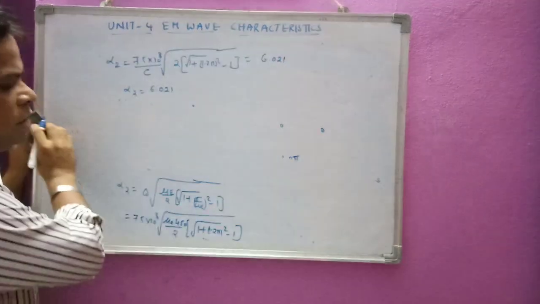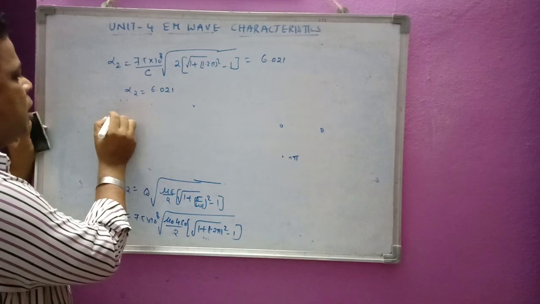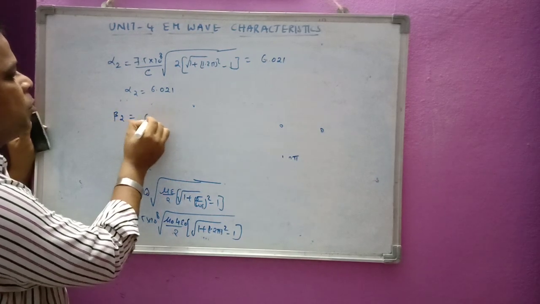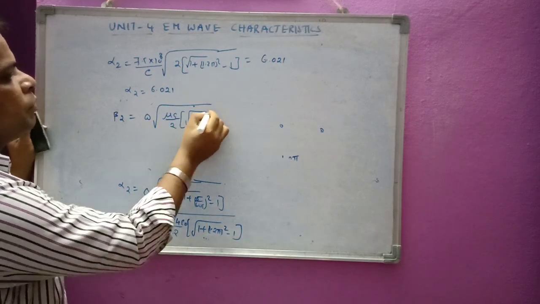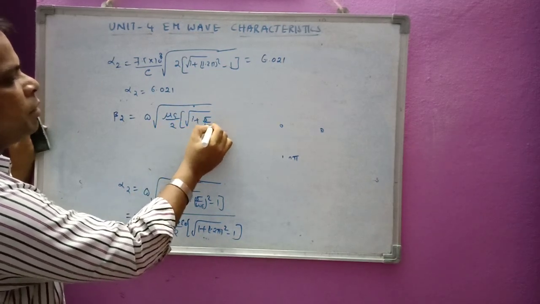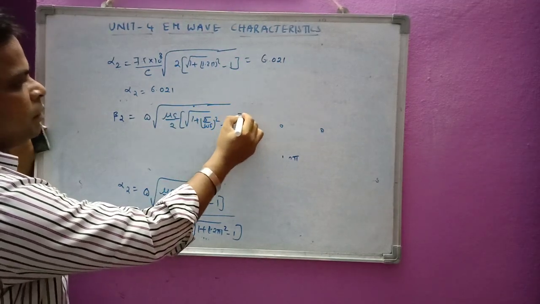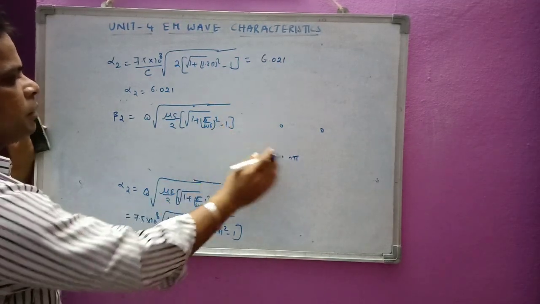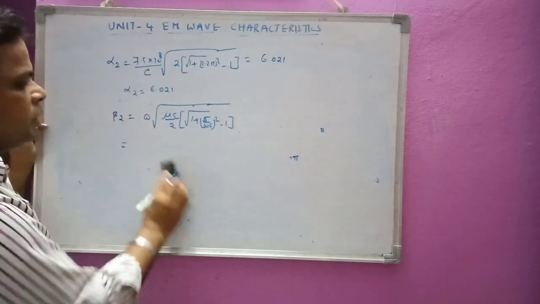Now similarly I have to find the value of beta. So beta value is just we are going to have plus here, that's all. Remaining calculations are the same, that is beta 2 is omega into square root of mu epsilon by 2 into square root of 1 plus sigma by omega epsilon whole square minus 1. Now already we have got all the values, we are just substituting them here.